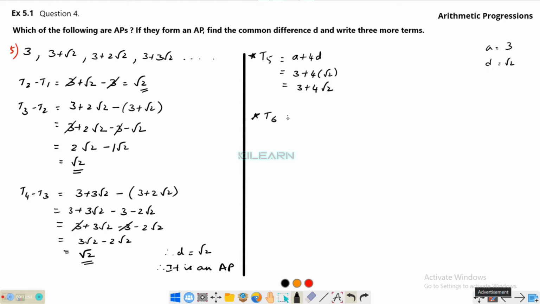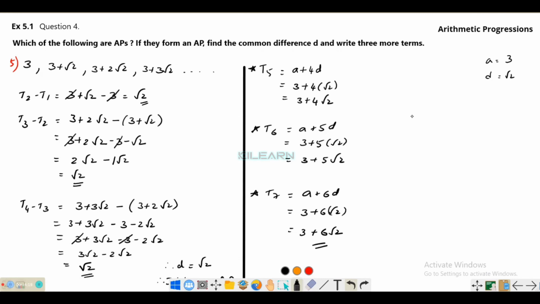Now T6, A plus 5D, 3 plus 5 into root 2, that is 3 plus 5 root 2. Then T7, A plus 6D, 3 plus 6 root 2. The 3 terms are 3 plus 4 root 2, 3 plus 5 root 2, 3 plus 6 root 2.